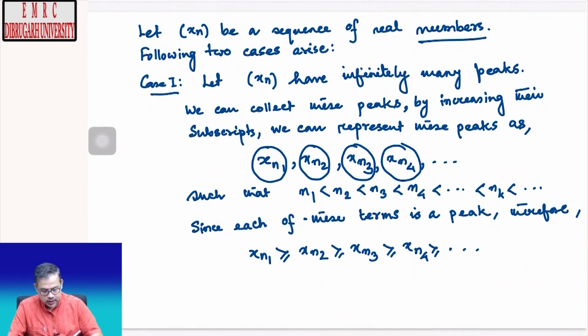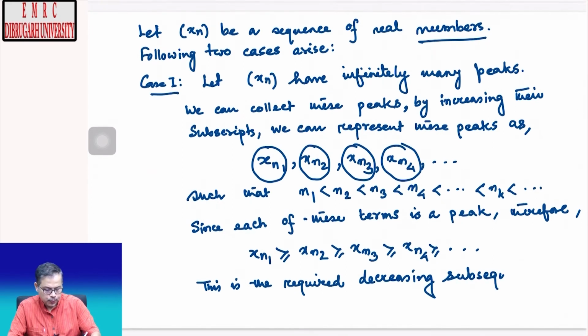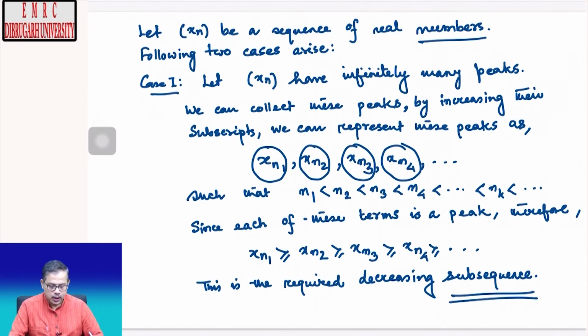And so, this is the required decreasing subsequence. This is the required decreasing subsequence. Let us come to the other case.